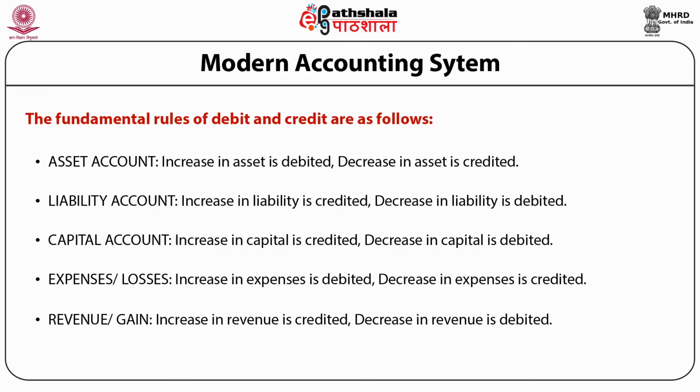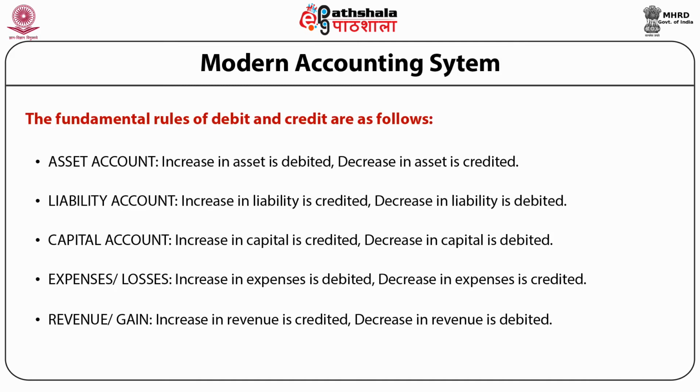Transaction number 2. Opened up a bank account with rupees 4 lakhs. Analysis. The two accounts involved are the cash account and the bank account, both being asset in nature. And as the rule highlights, an increase in asset is debited.